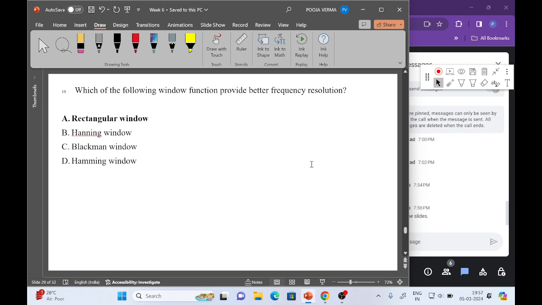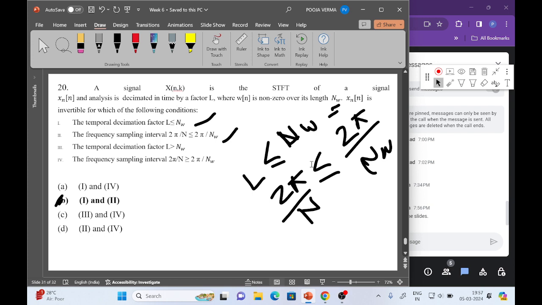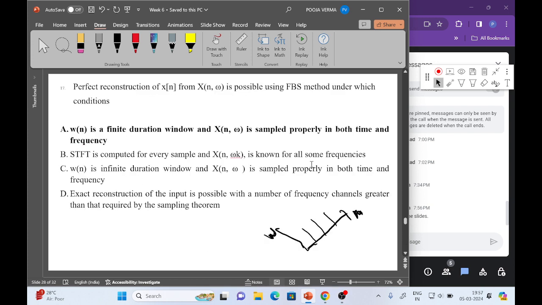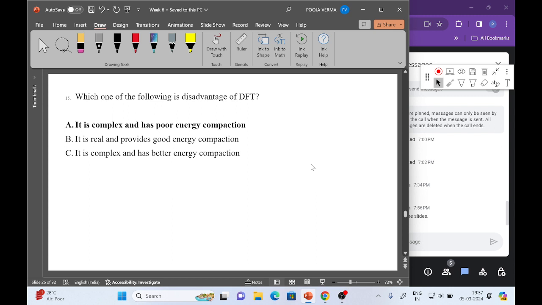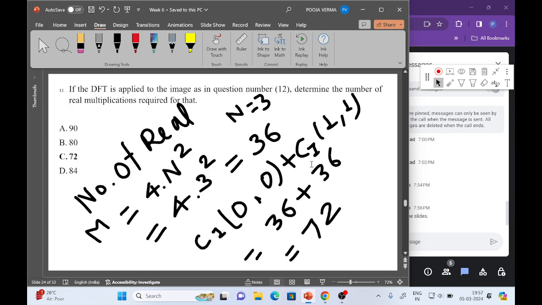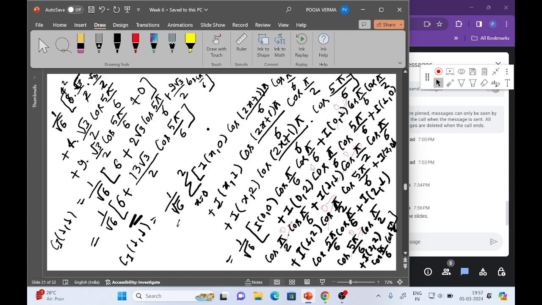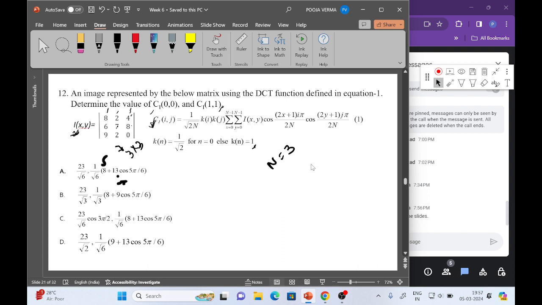So these questions are, frame rate. Okay, which one? Oh, okay. I need to see actually.